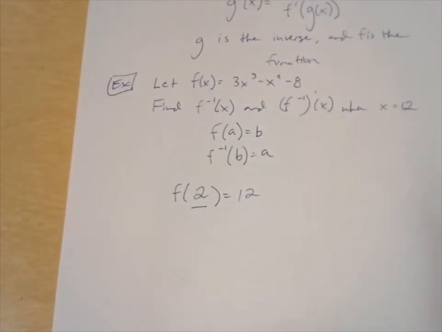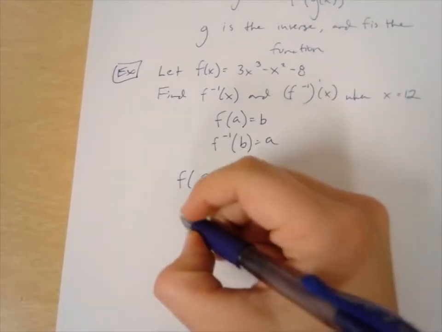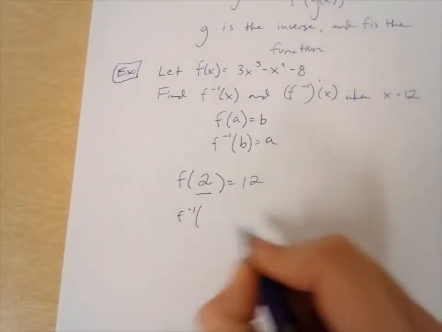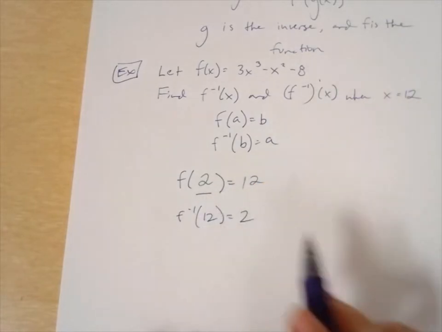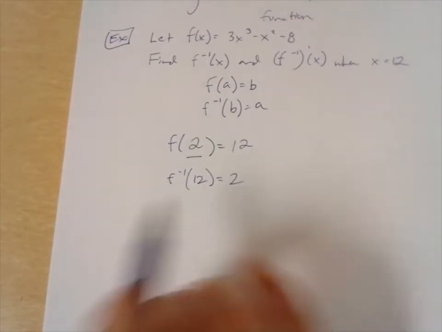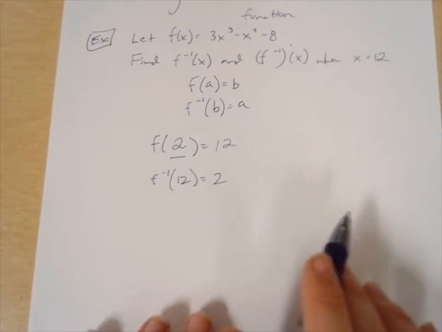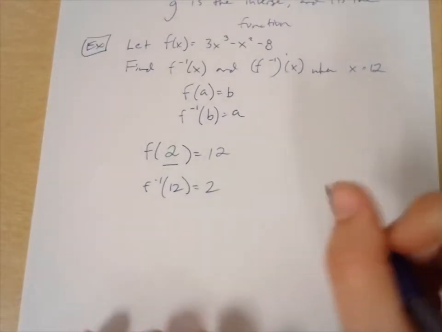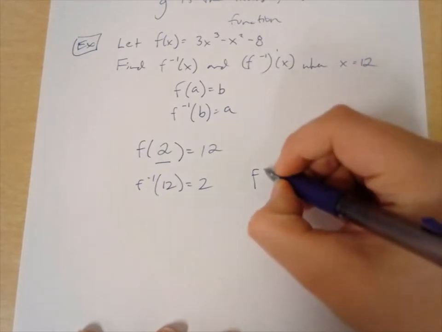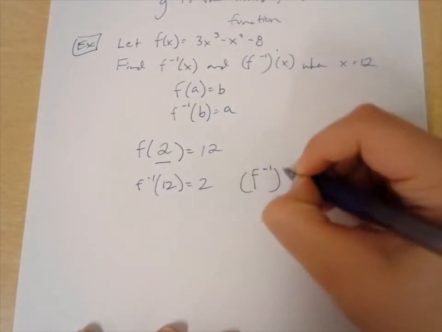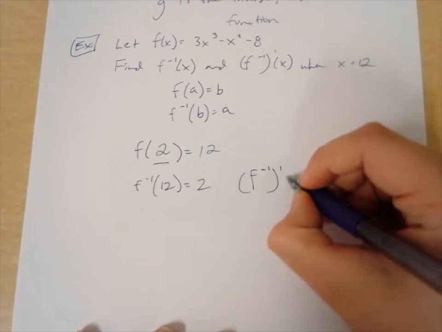Now that means the inverse, vice versa, of 12 is 2. And we found that again just by looking at that graph. And now we have our numeric solution there. Now to find the derivative of our inverse at 12, we can use our theorem.